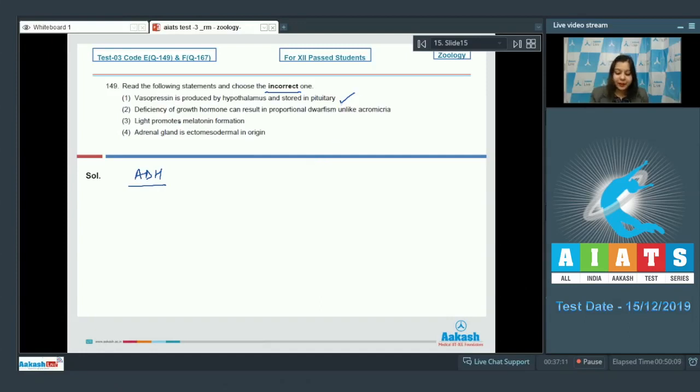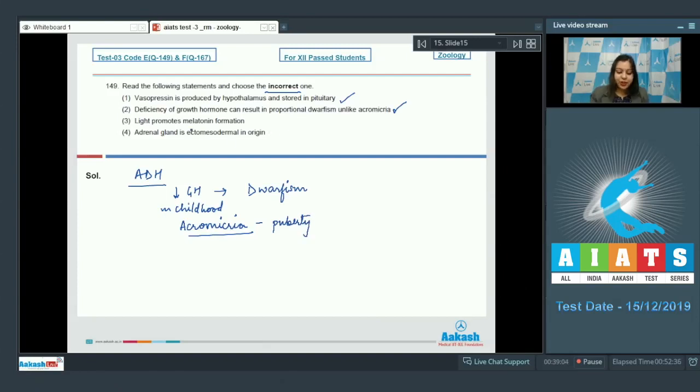So this is correct. Number 2, deficiency of growth hormone can result in proportional dwarfism unlike acromegaly. This statement is also correct as deficiency of growth hormone in childhood, that is before puberty, leads to dwarfism, whereas acromegaly occurs when there is excess of growth hormone after puberty.